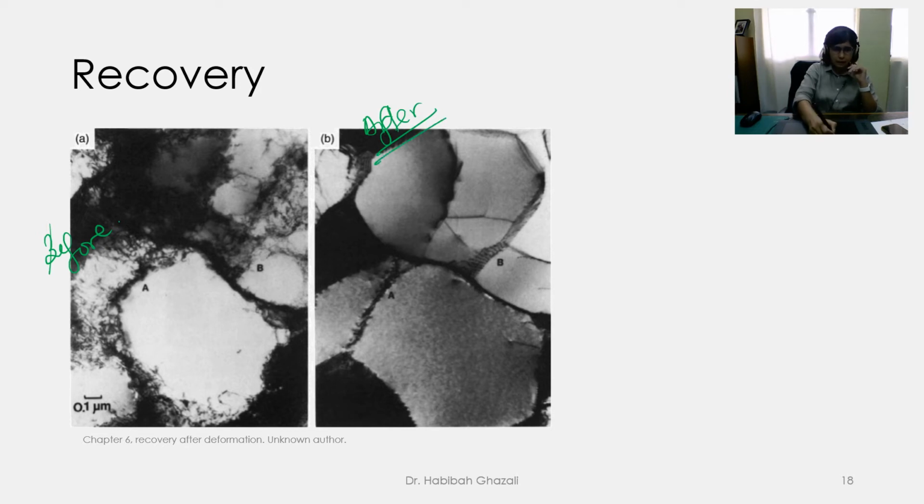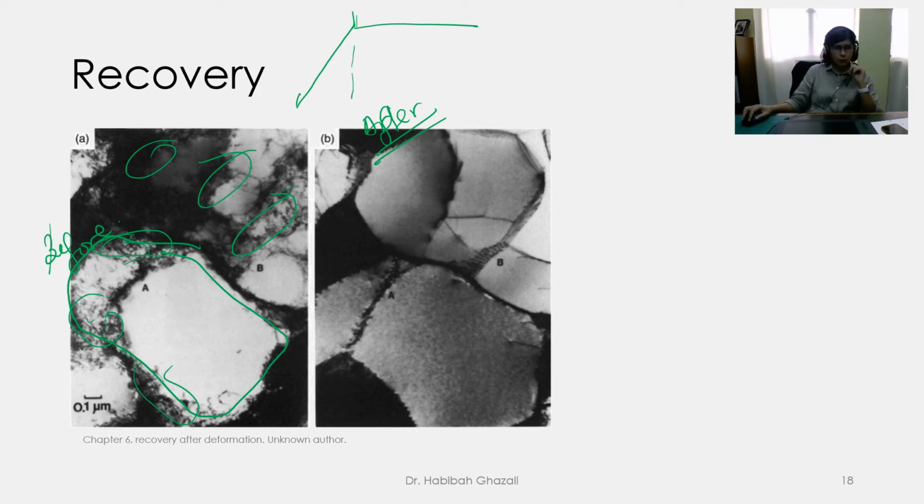When we start heating it up from room temperature, in this region, before recrystallization starts. So as you can see here, the before image has a lot of dislocations. So you can see a lot of dislocations inside the grain. So if we just focus here, this is one grain, and we have a different grain as well.